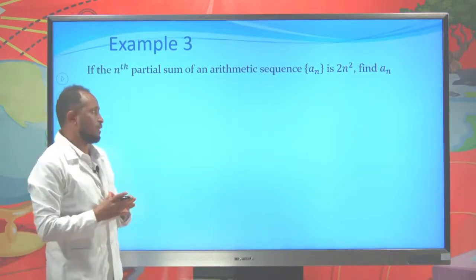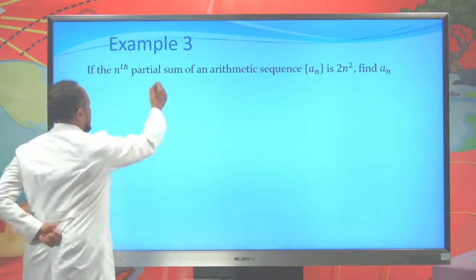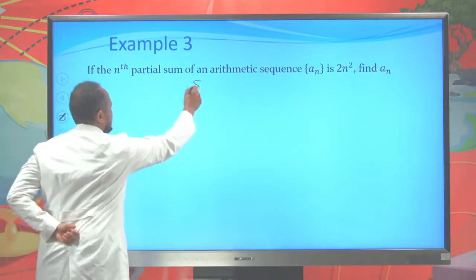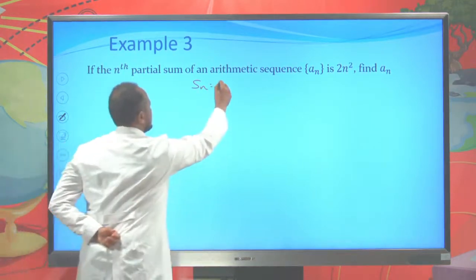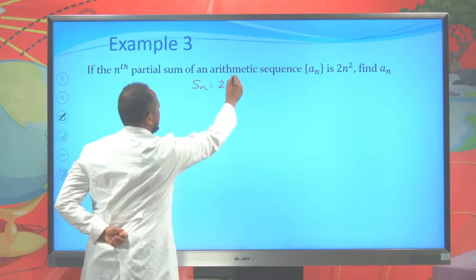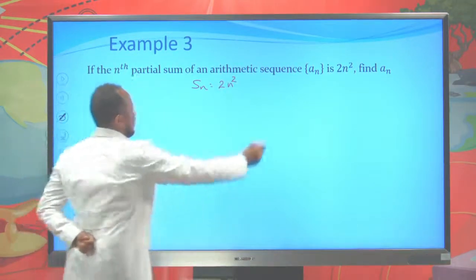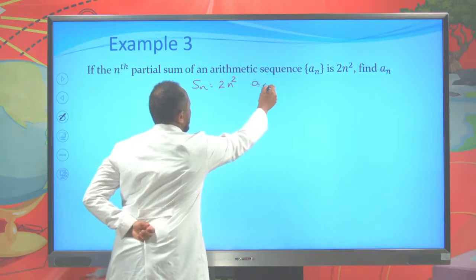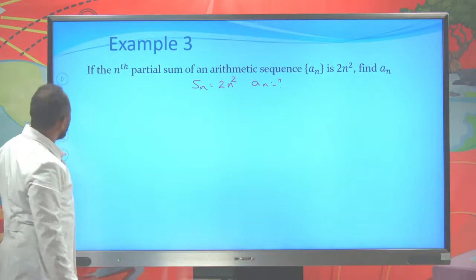So here Sn is given. Sn, the sum of n terms of an arithmetic progression, is given to be 2n squared. So you are asked to find the formula for the nth term of this arithmetic sequence.